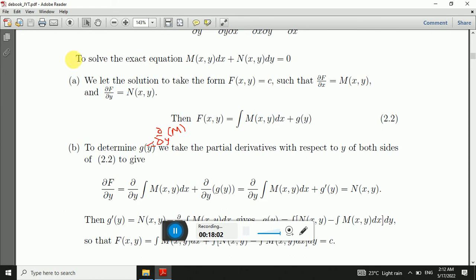We're going to start from here, how to solve an exact differential equation in this form. The mere fact that it is exact means that partial M over partial y is the same as partial N over partial x. That's what we've just looked at. Okay, so see you in the next video.